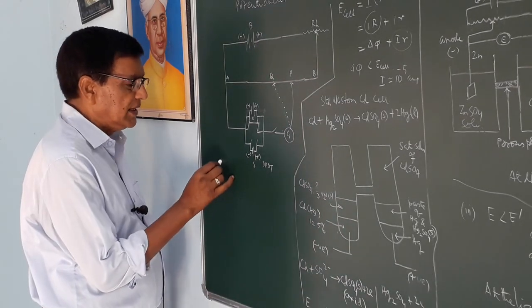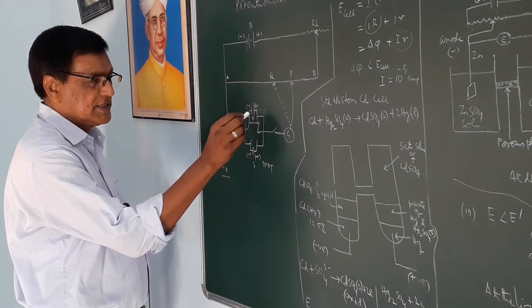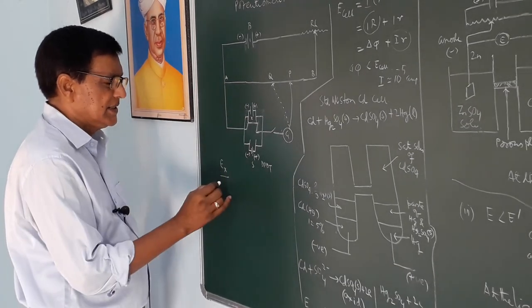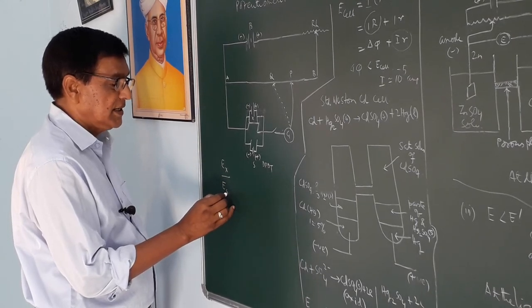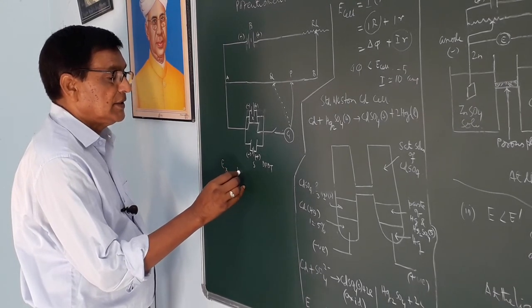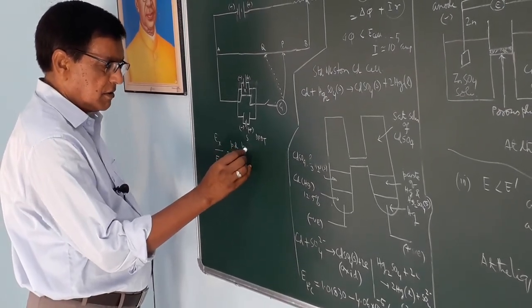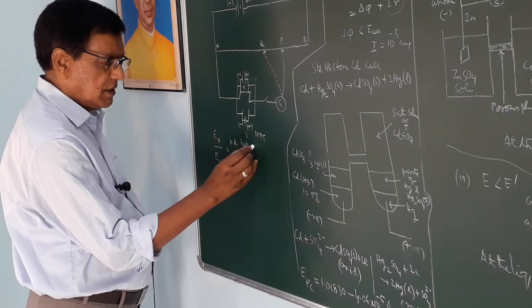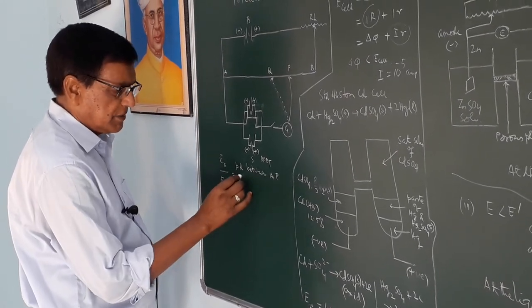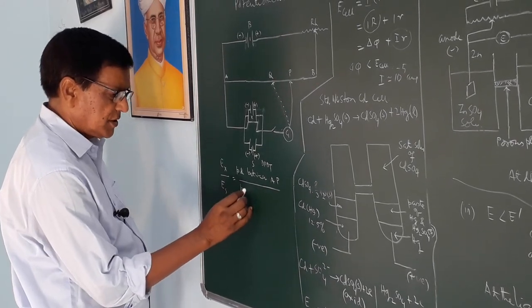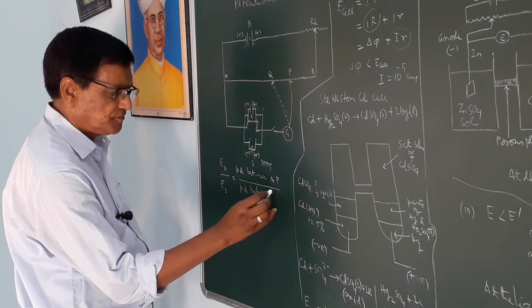So actually EX, the potential of this unknown cell X, divided by the EMF of this standard cell, is equal to the potential drop between AP divided by the potential drop between AQ.